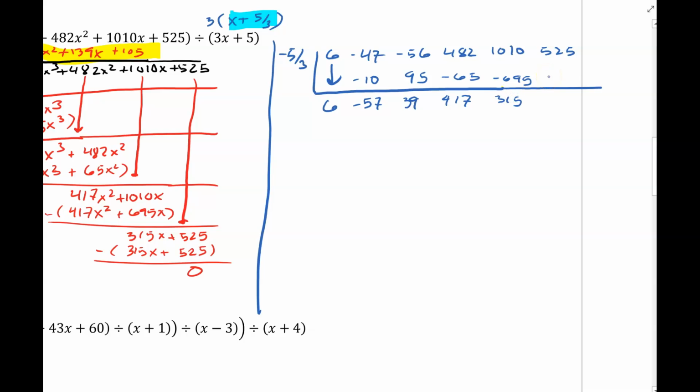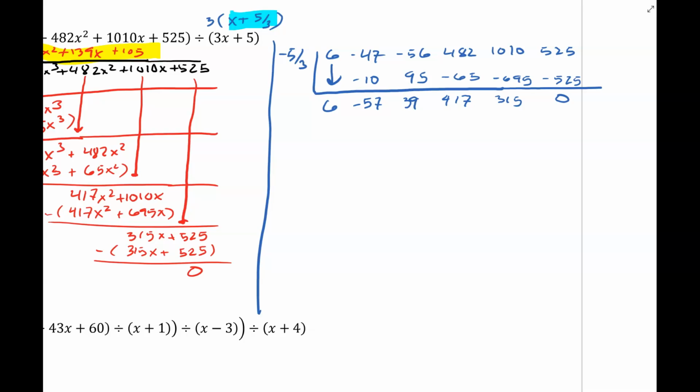And I multiply that by negative 5/3, and I get negative 525, which gives me a remainder 0. Everybody okay with what I did there? Now, you probably would have wanted to use your calculator to do the fraction multiplications and reducings. Unlikely any of us were going to try to do that with our heads, and that's fine.